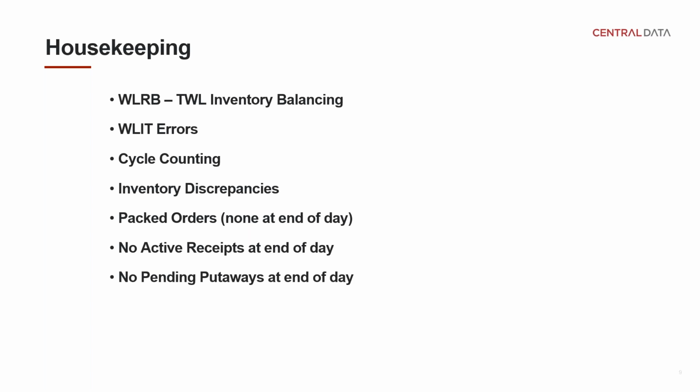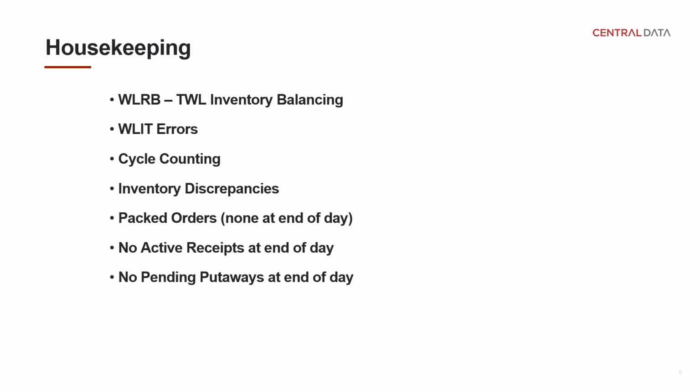Then Willet errors. Willet is the screen in SX CSD that keeps track of the documents going back and forth between TWL and SX. There can be errors from time to time that you need to deal with and clean up, so that should be checked daily, perhaps a couple of times during the day.